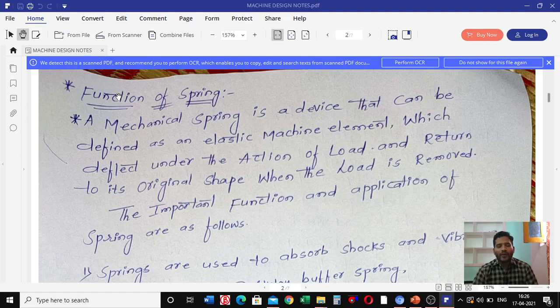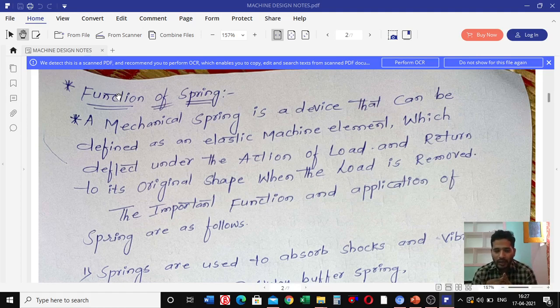Generally we know very well a spring is one type of mechanical device, so we can define it as an elastic machine element which deflects under the action of load and returns to its original shape and size when the load is removed.